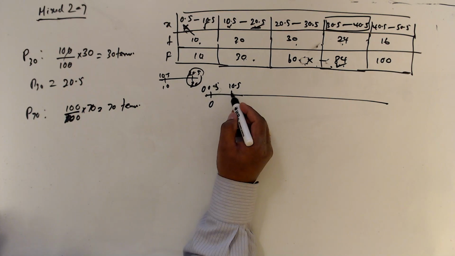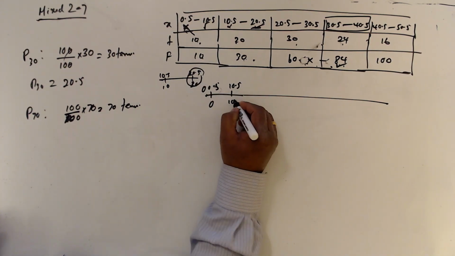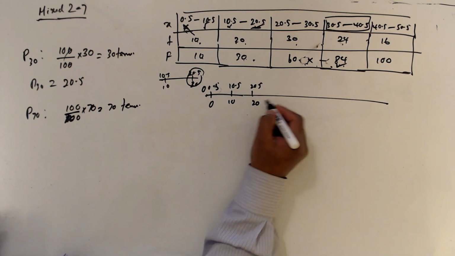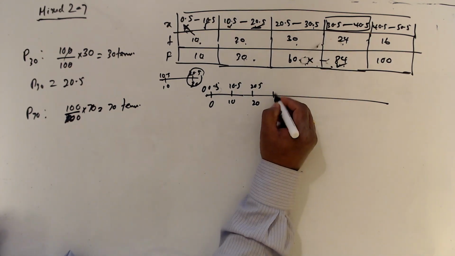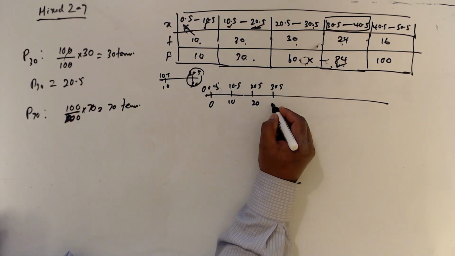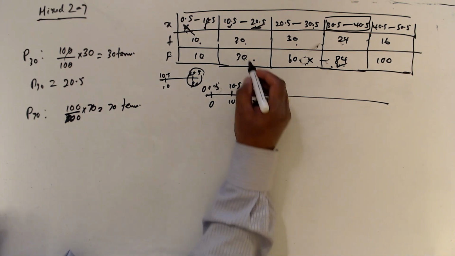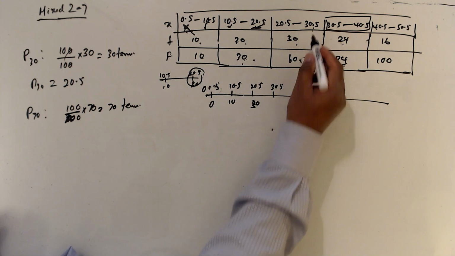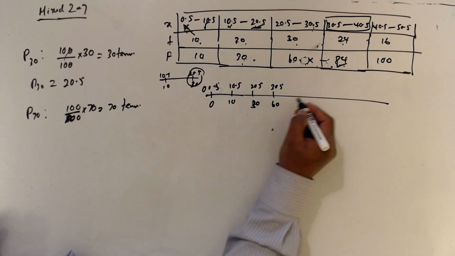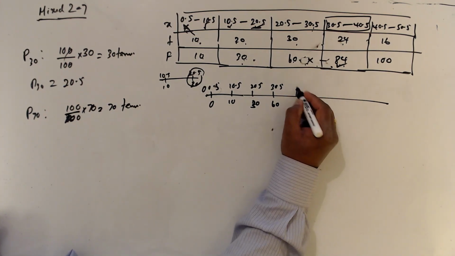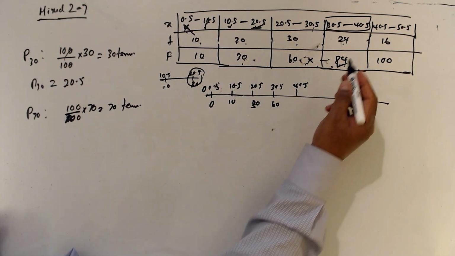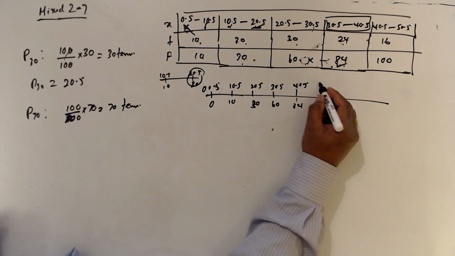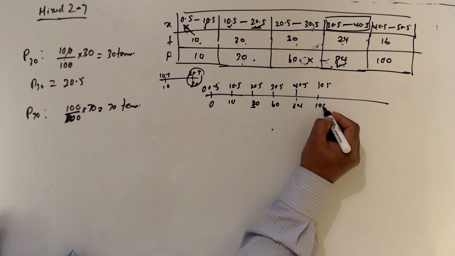So 10.5, 10, then 20.5, 30, and 30.5, 60 cumulative, and 40.5, 84, then 50.5, 100.